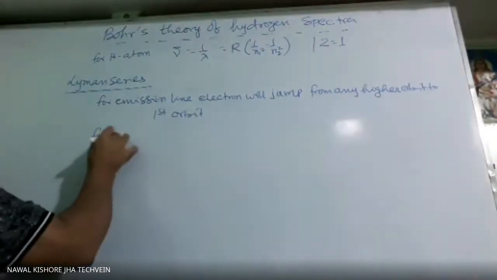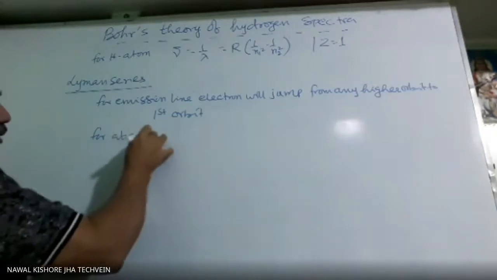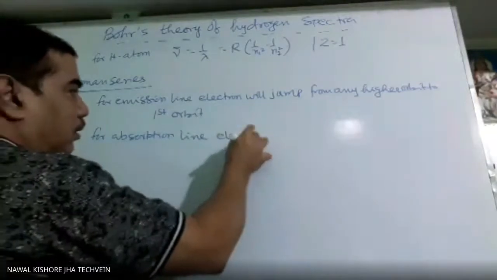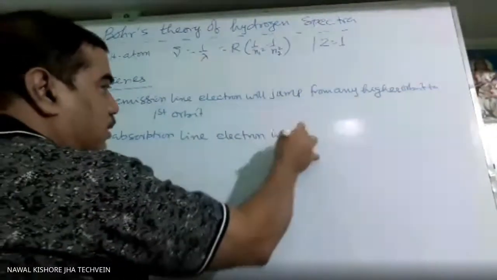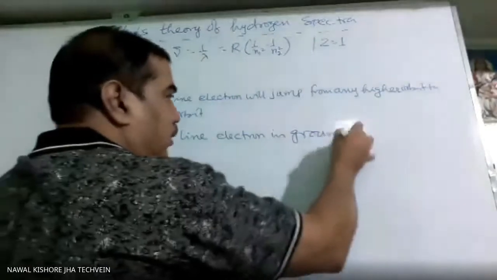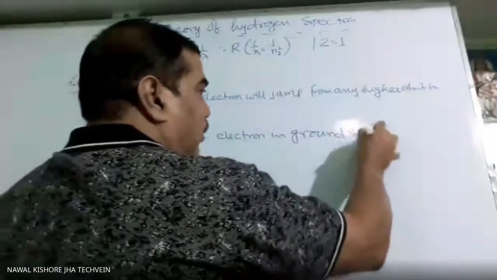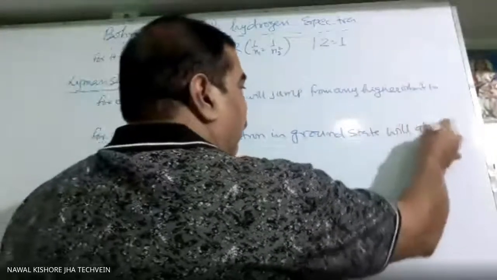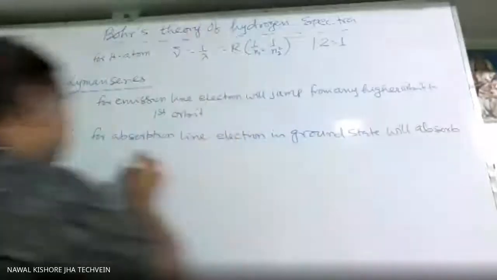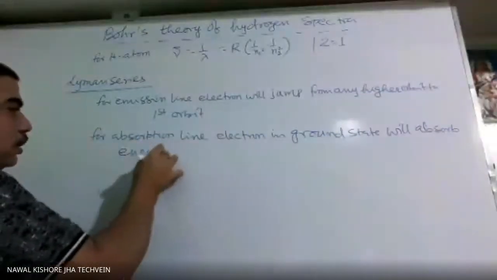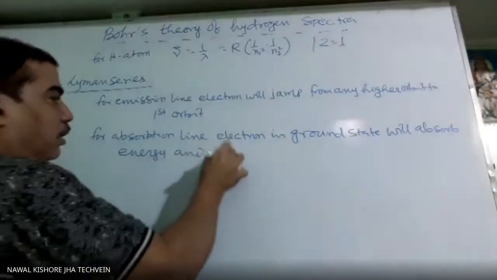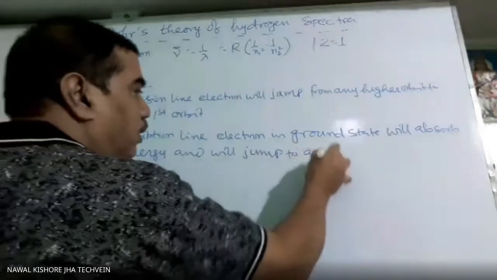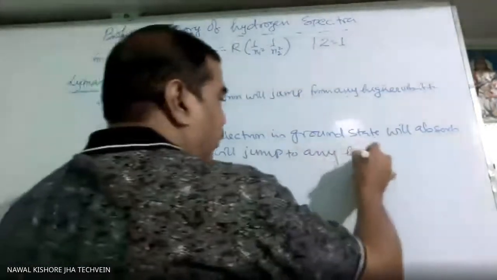For absorption line, what will be? Electron in ground state, that is first orbit, we say ground state, will absorb energy and will jump to any higher orbit.